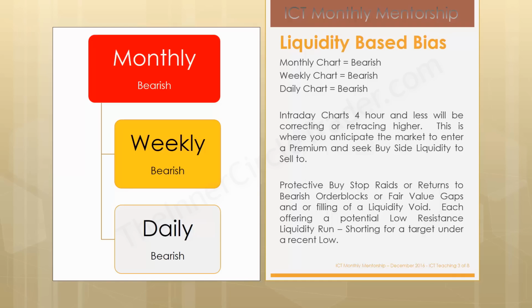So the weekly chart will have a lot longer time period required to change direction versus the daily chart that can go up and down multiple times and still maintain the bearish nature of the weekly and the monthly. And obviously the monthly takes a long time to change directions, and that's where the power of what I'm going to teach you in this module will give you.